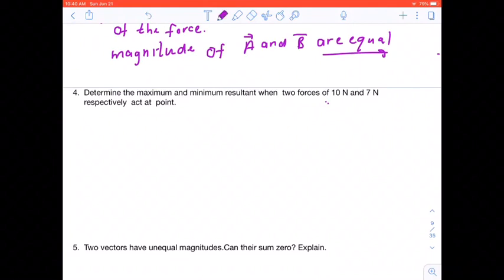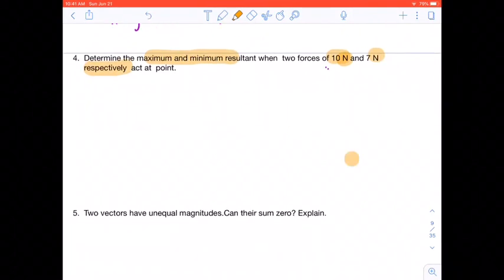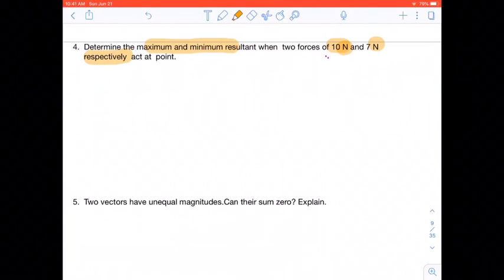It says determine the maximum and minimum resultant of two forces, 10 newtons and 7 newtons respectively. We have dealt with this earlier in our explanations, but have a look at this.